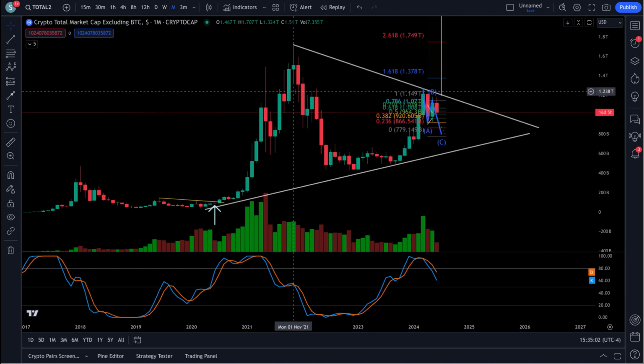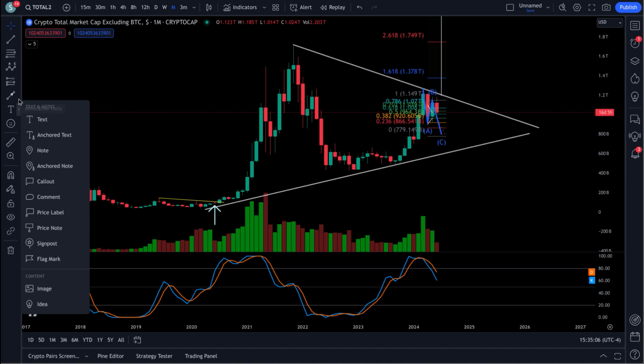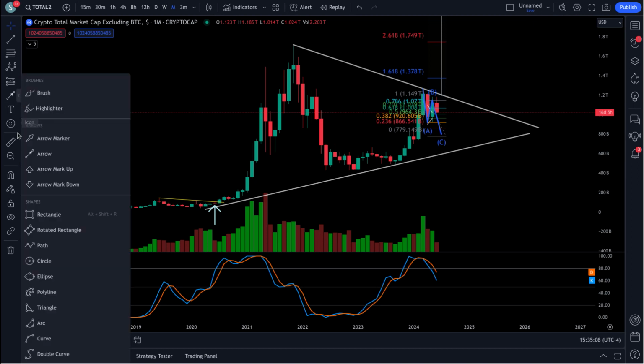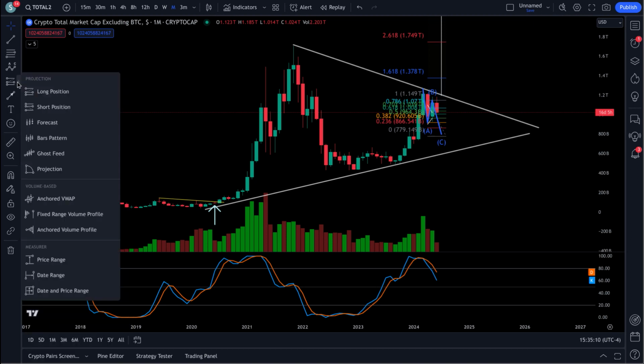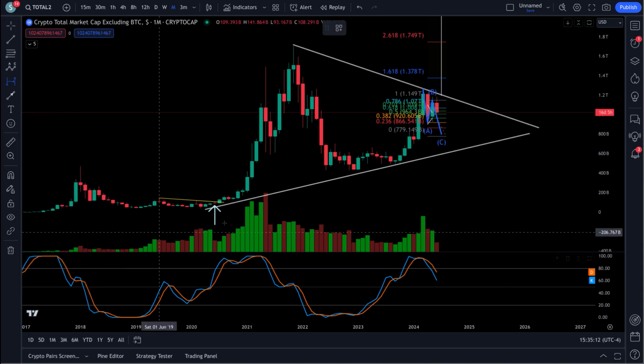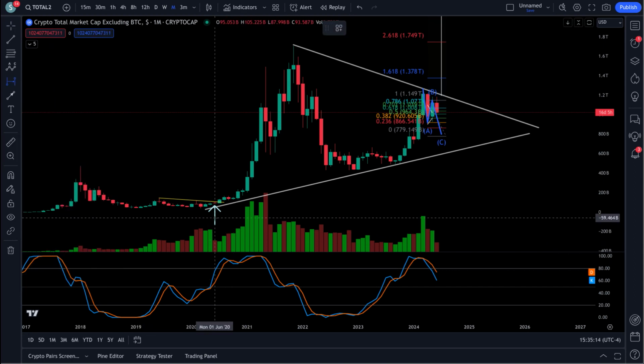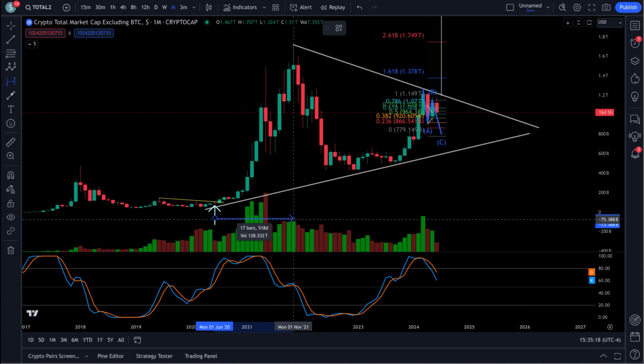This didn't finish up till November of 2021. If you take a date range, June of 2020 to the top, that gives you 518 days. That's about 17 months, almost a year and a half.